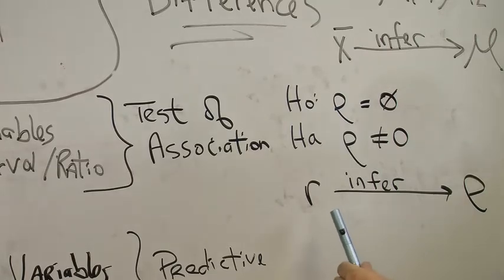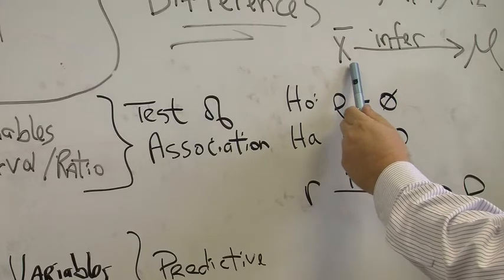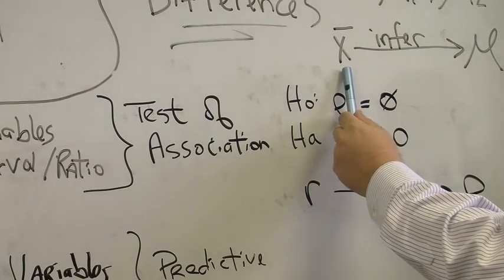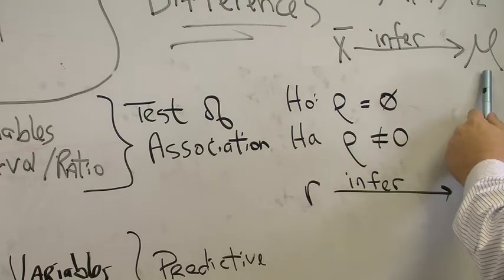And when we do statistics related to the Pearson correlation, we observe the lowercase r to infer the Greek letter rho. Now, I want you to learn that concept similarly to the way in the difference of means test and in ANOVA, we observe the sample mean x bar to infer something about the population mean mu.